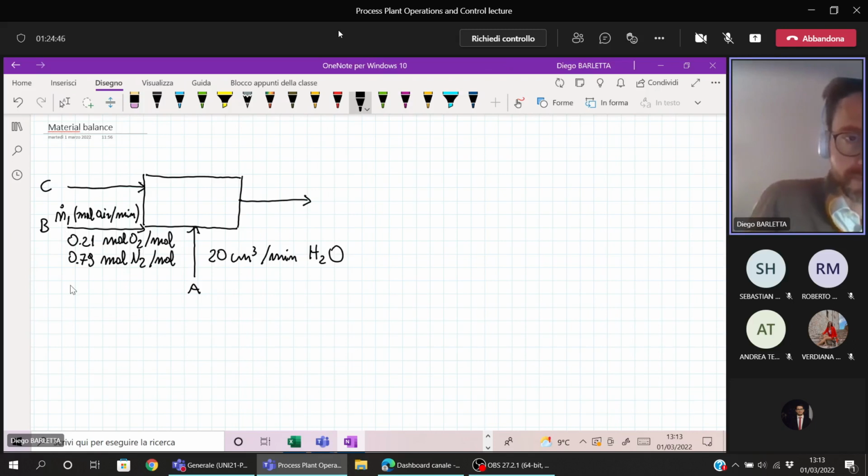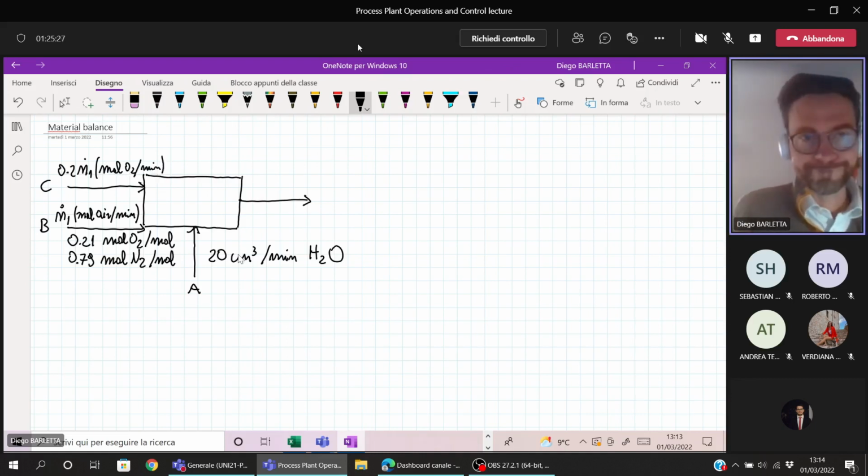If we want to express this as a function of the flow rate of stream B, what could we write directly? N1 divided by 5. That is of course the same as 0.2 N1 dot. And in terms of unit, this is mole of oxygen per minute.